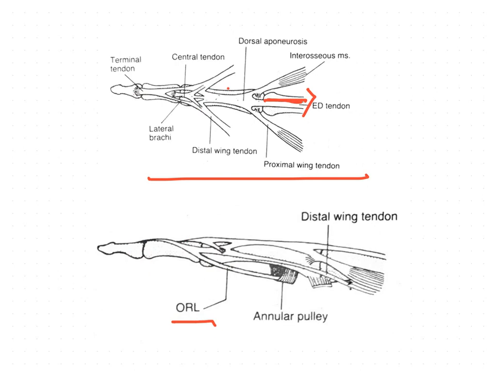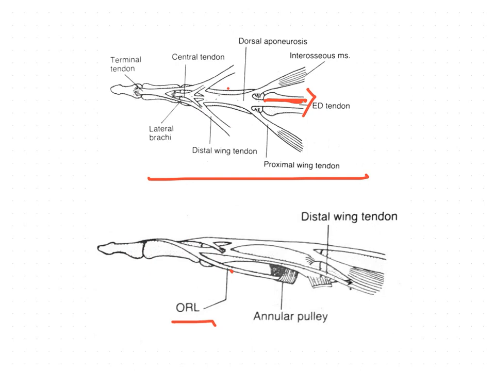These oblique retinacular ligaments pass just volar to the proximal interphalangeal joints and attach distally to the lateral bands. So the tension in the oblique retinacular ligaments increases as the proximal interphalangeal joint is extended.